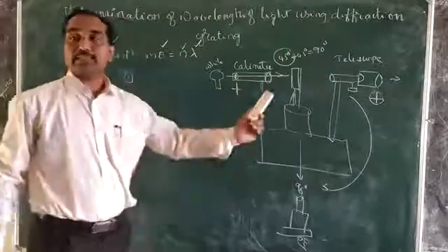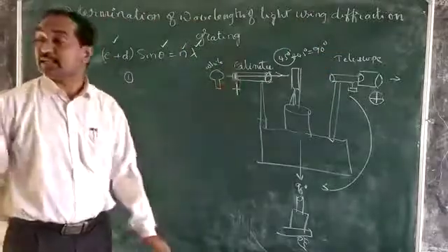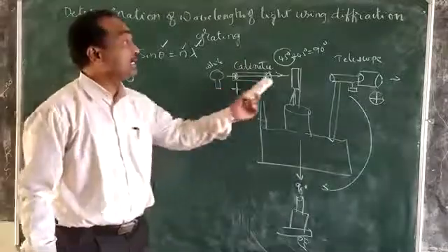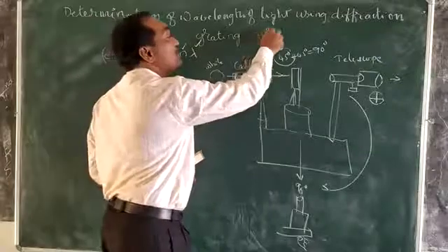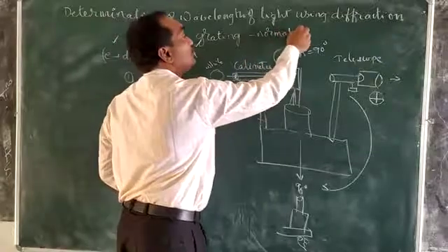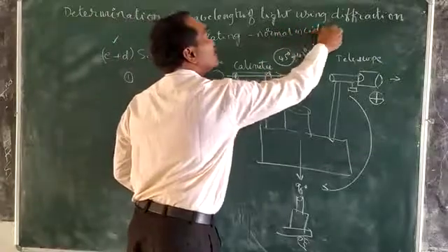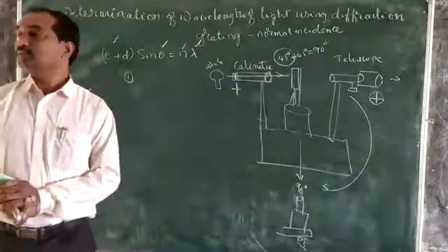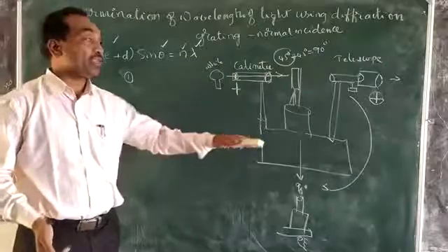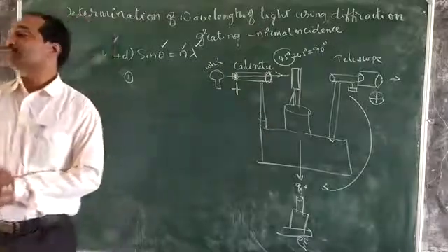In this case, the diffraction grating is normal to the incident light. So this is called normal incidence. These are the adjustments made in the spectrometer.